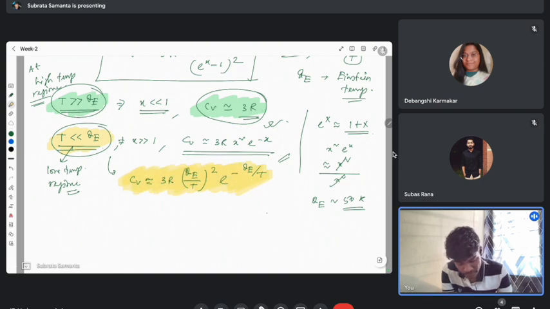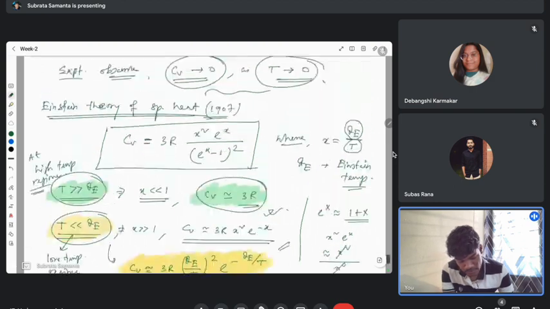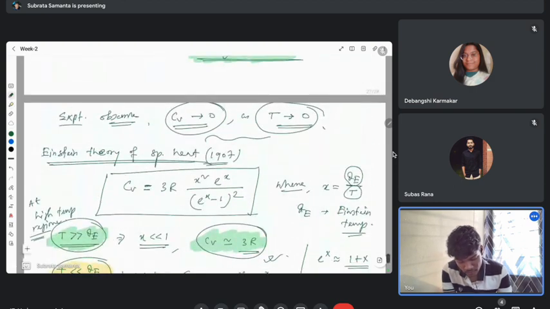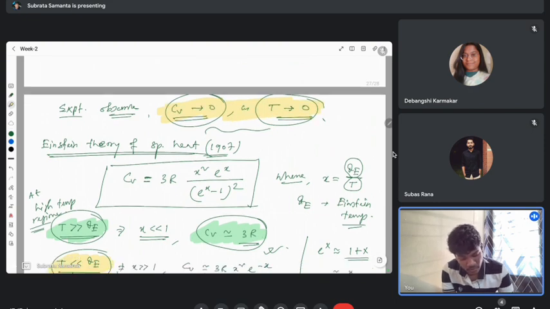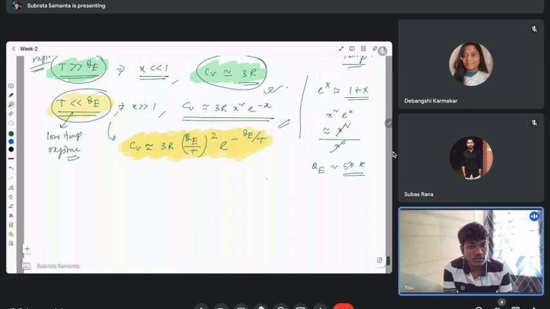Experimentally we observe that Cv goes to 0 as T goes to 0. If we put T goes to 0 here, Cv does not go to 0, because there is a 1 over T square there. So this is not exactly correct.